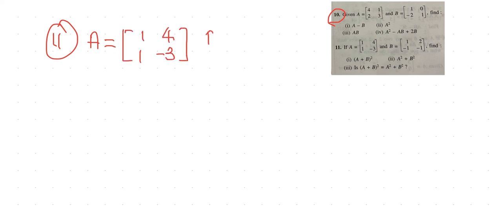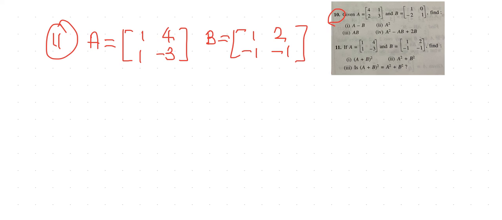Okay, and then we'll be moving to question number 11, children, which is an important question. Here you have been given that A is equal to [1 1; 4 -3] and B is equal to [1 -1; 2 -1]. Okay, so you have to first find A plus B the whole square.